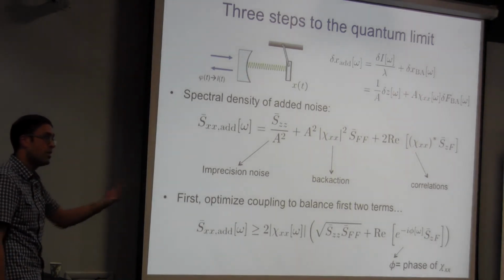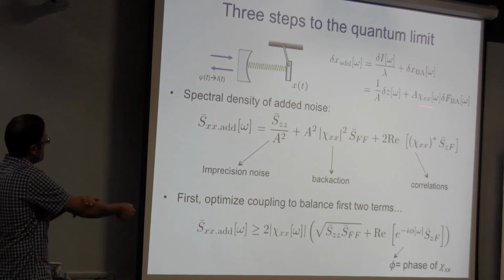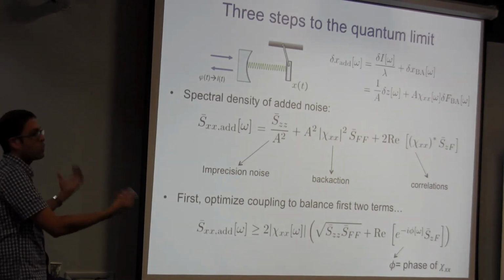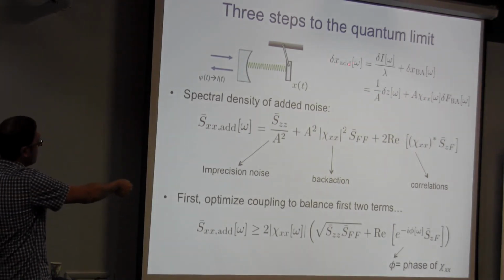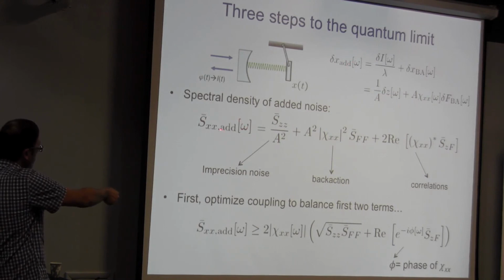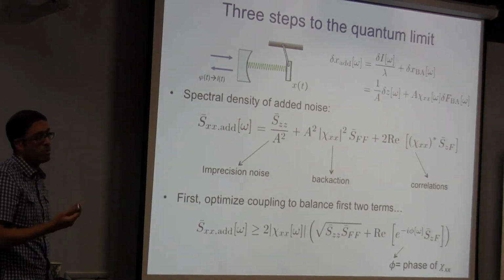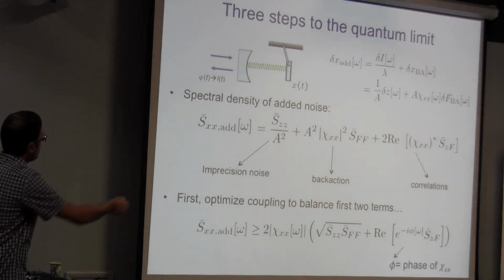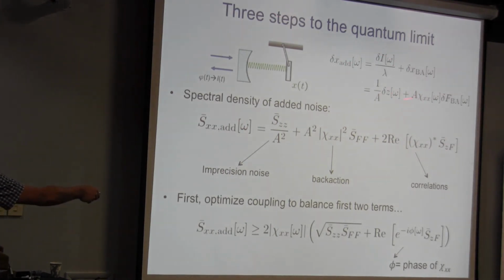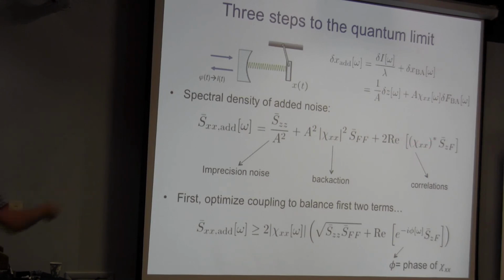How do I turn a force into a position fluctuation? So all I do is basically take this and square it, and that turns this delta x into added position noise spectral density. So I square this, that's the imprecision noise contribution. I square this, that's the back action contribution. And now I worry about the fact that these two could be correlated. I'm not going to just throw that away.